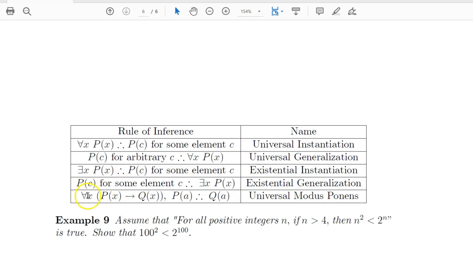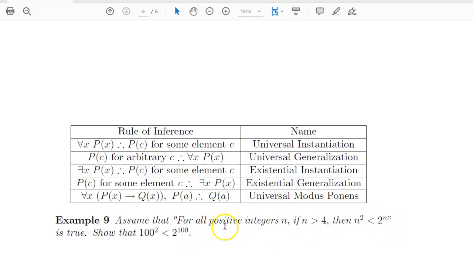For every x, if P of x, then Q of x, P of a, and therefore Q of a, universal modus ponens. In this example, we assume that this statement is true.